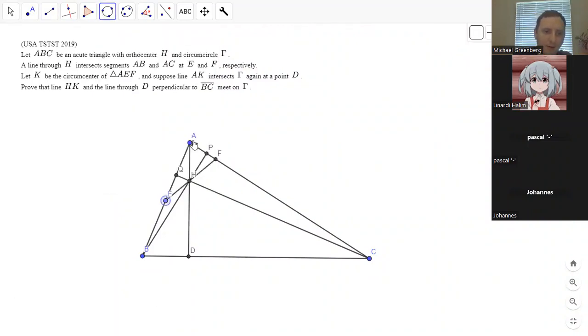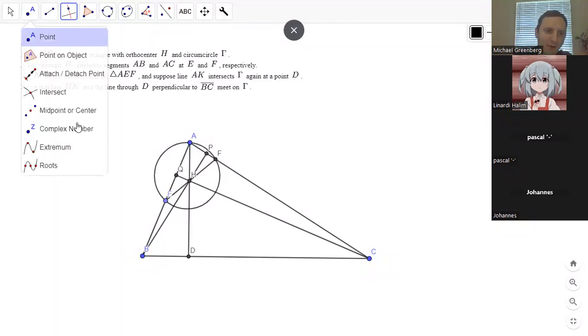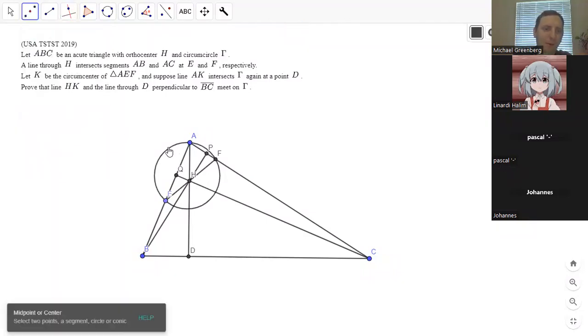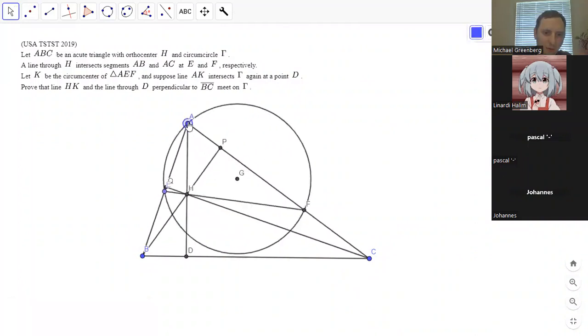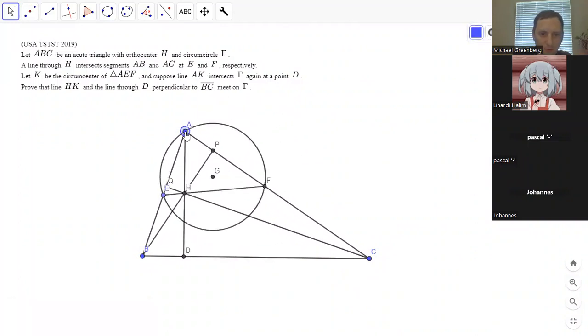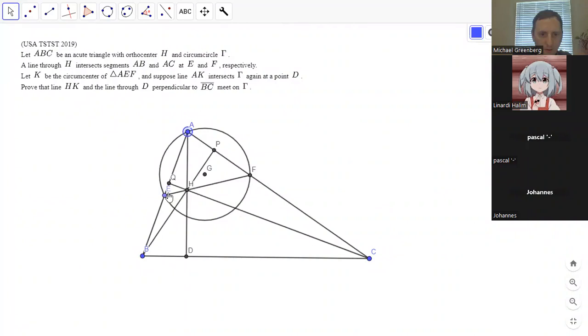Yeah, I was gonna say, if this was the US contest, I'd be very surprised if they called it the circumcenter when it was really just the midpoint of AH. So, let's see.